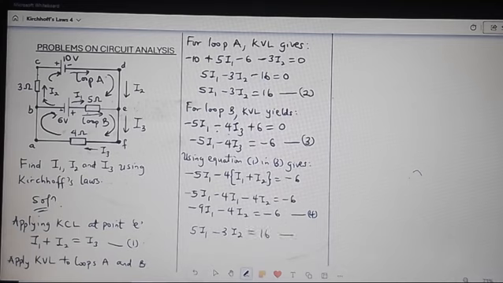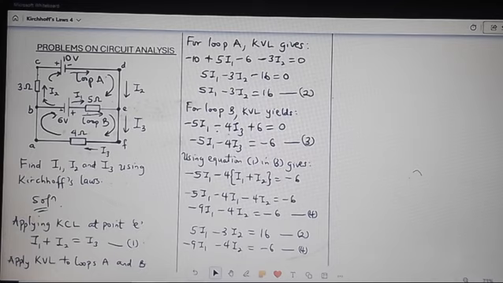This is equation 2. Remember, I'm writing it again. Then minus 9I1 minus 4I2 equal to minus 6. This is equation 4. So what we are going to do now is solve equations 2 and 4 simultaneously. How do we do that? We have to consider using the method of elimination.